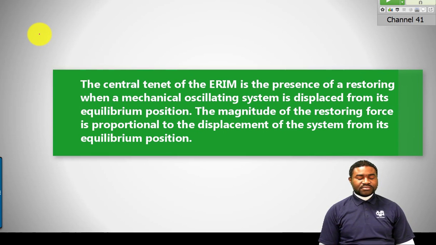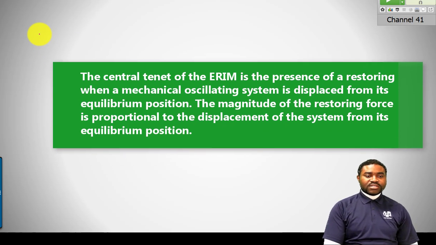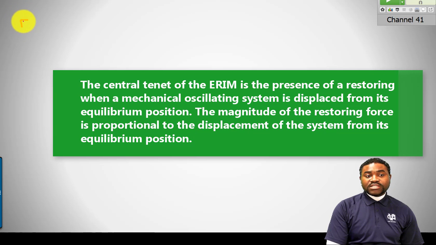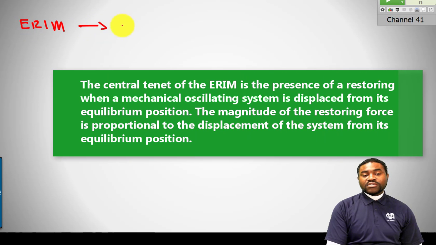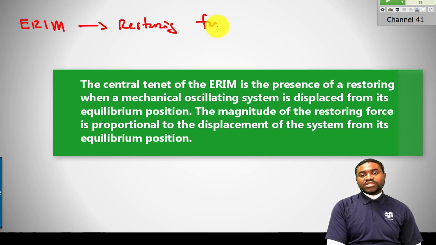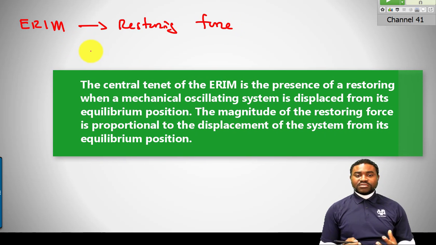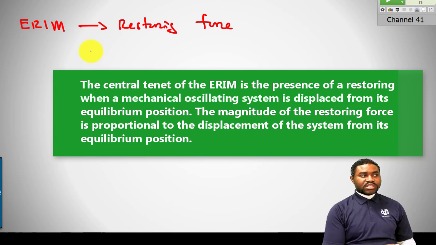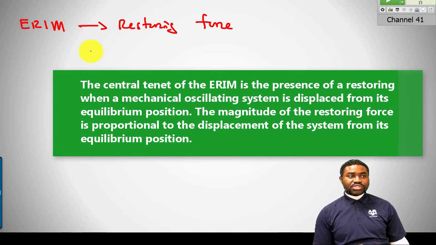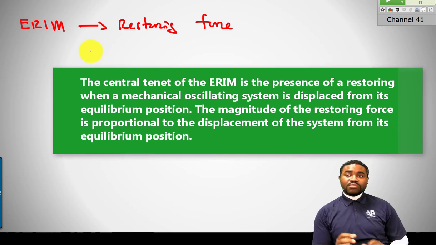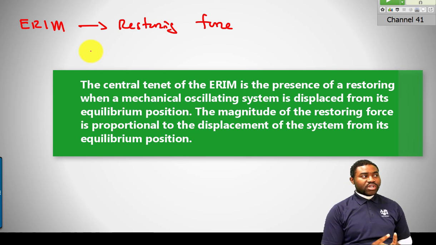The central tenet, listen fellas, please listen. The central tenet of the elastic restoring interaction model is the restoring force. According to this model, when a system is displaced from its equilibrium position, a restoring force is generated that brings back the system to equilibrium.